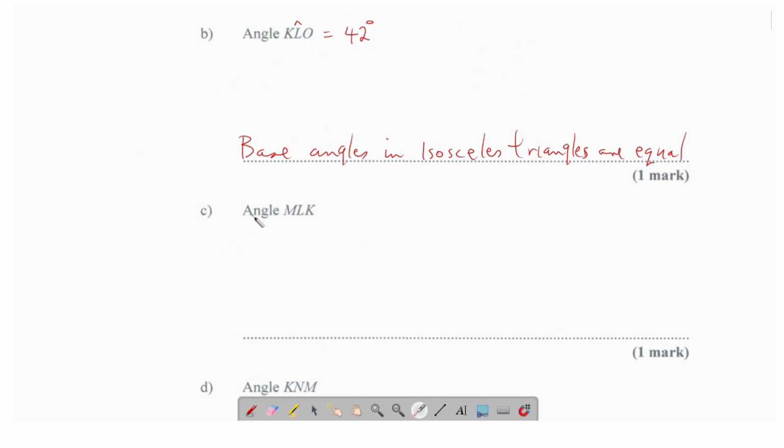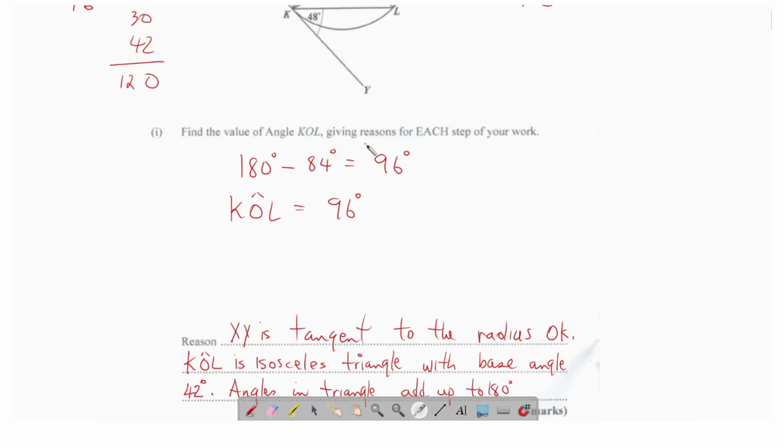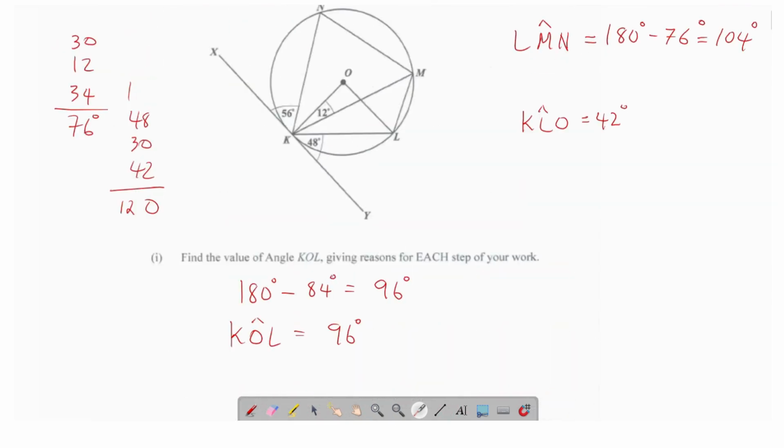Part C, we want angle MLK. So let's look at the diagram. MLK. So we want all of this angle here. So let's mark this in.